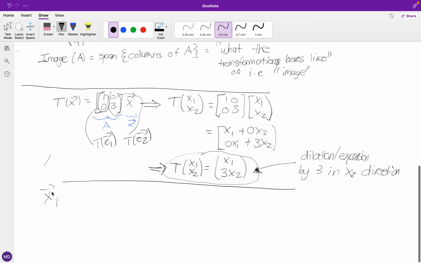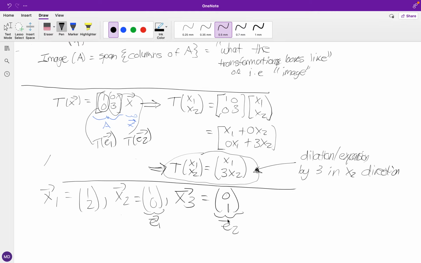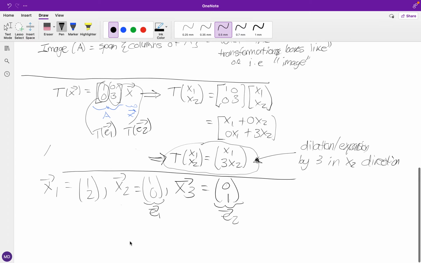Say x1 equals 1, 2, and we'll take x2 equals 1, 0. We'll take another input vector, x3 equal to 0, 1. And by the way, this vector here is the same thing as e1, and this vector here is the same thing as e2.